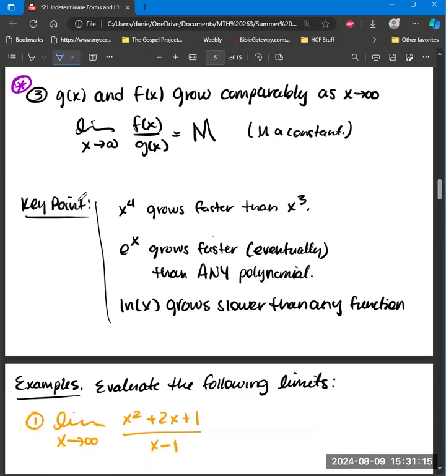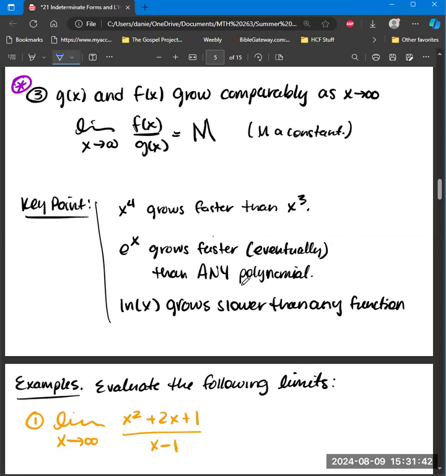So it's just some things that we know: a higher degree polynomial grows faster than a lower degree polynomial. So like x to the fourth is going to grow faster than x to the third. Right now, e to the x, exponential functions like that, grow faster eventually than any polynomial out at their end behavior to the right. They overtake and supersede any polynomial function.